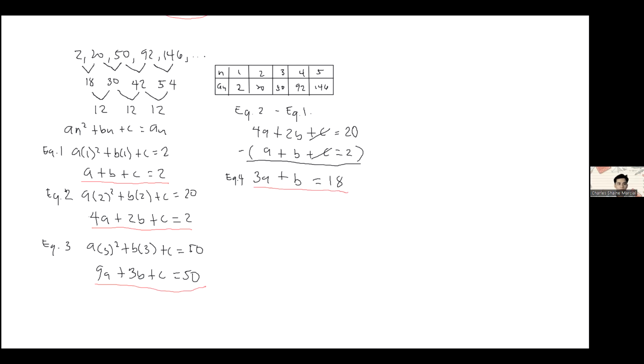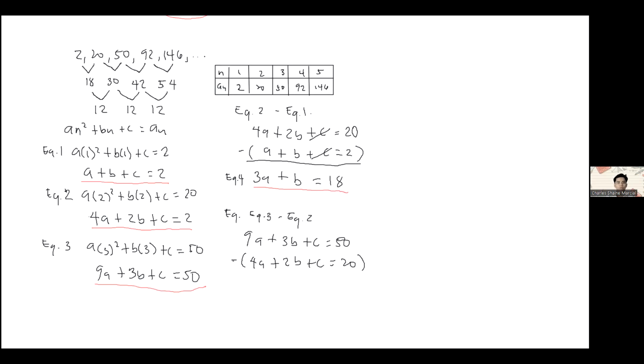Let's find equation 5 using the formula equation 3 minus equation 2. So we have 9a plus 3b plus c is equal to 50 minus the quantity of 4a plus 2b plus c is equal to 20.